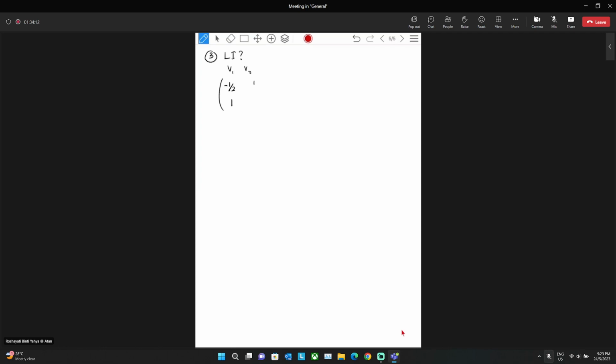Okay, so what is the value here? Equal to negative half multiply 1 minus 1 times 1/5 equal to minus 5 minus 2/10 equal to negative 7/10.